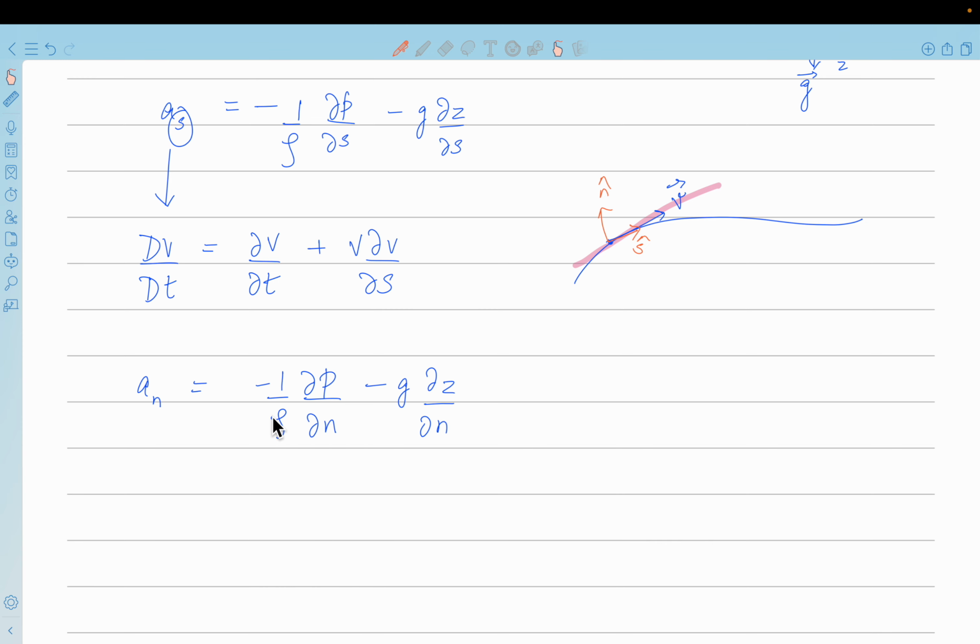Yeah, that is on this side. So we have this term. This is the force balance term, right? So the pressure force and the gravity force will induce it. But what about these coordinates?